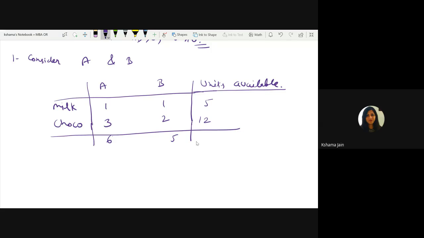If units are different, for example something is given in minutes and something in hours, our first work is to convert all the values into one unit, either all minutes or all hours. Here, everything is per unit. Per unit of A requires 1 unit of milk, 3 units of choco; 5 units of milk and 12 units of choco are available; per unit of A the profit is 6, and per unit of B it is 5 rupees.